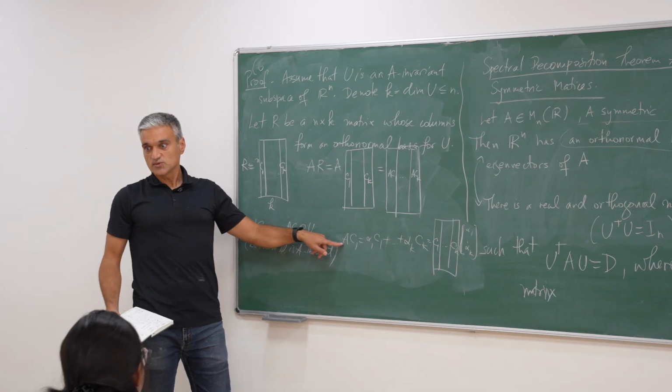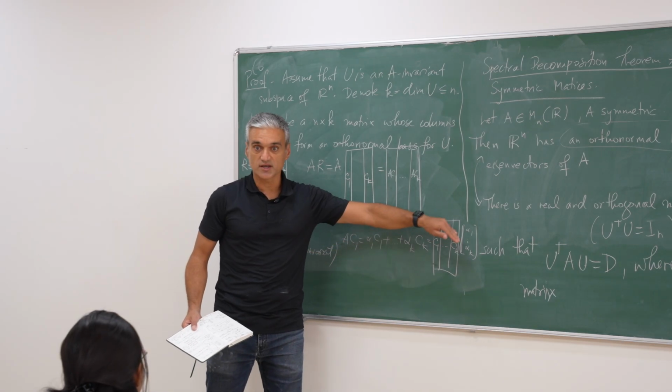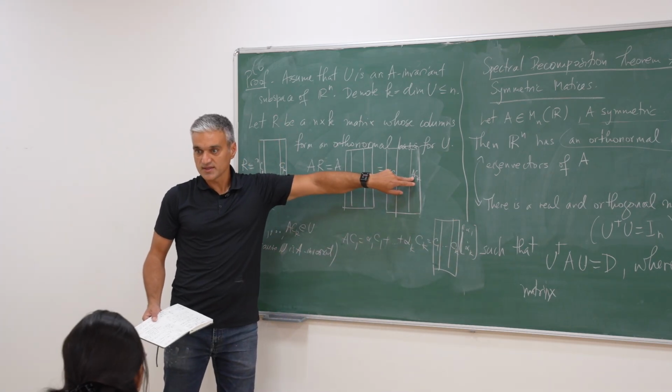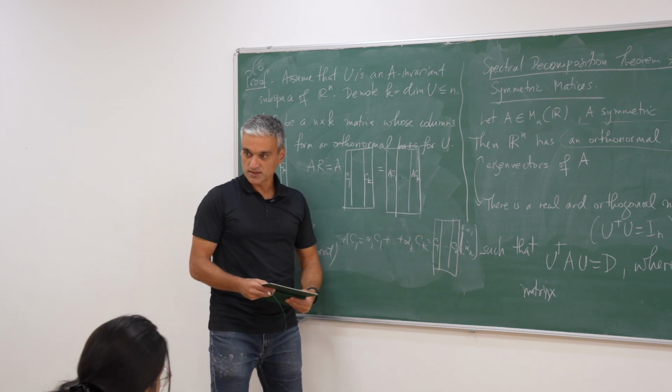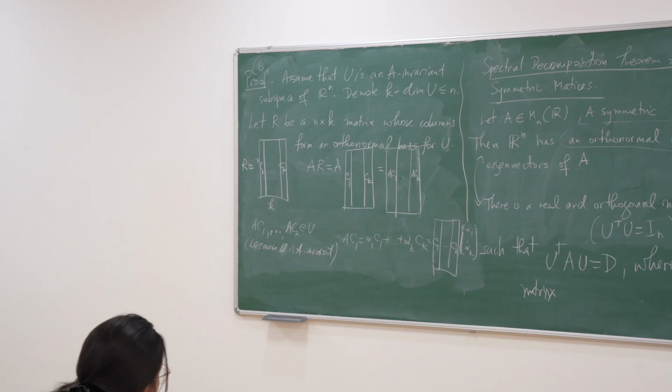So AC1 you can write as this matrix R times a vector. It's going to happen for AC2, and for everything, up to ACk. So these vectors alpha 1, ..., alpha k, you put them together in a matrix. And what you will get is, let me write it here.